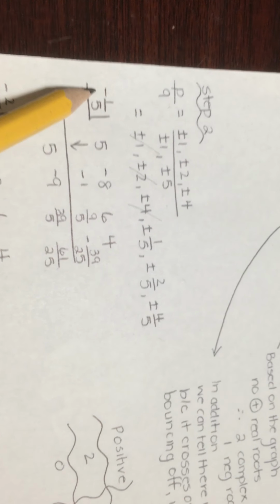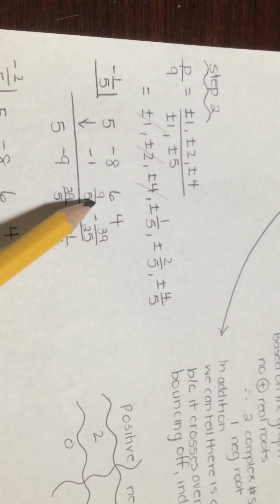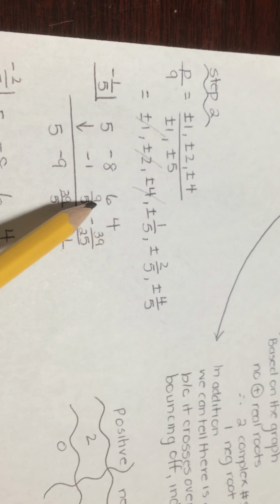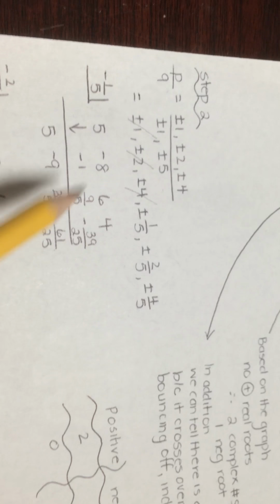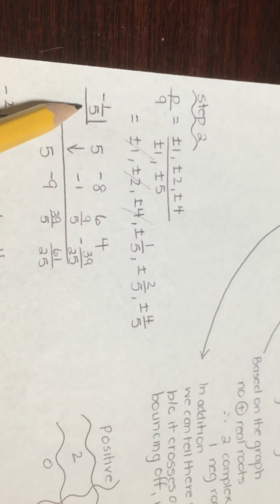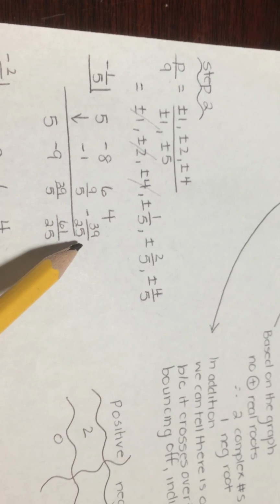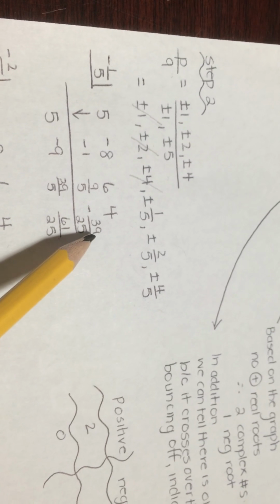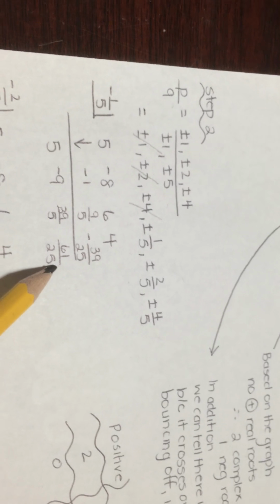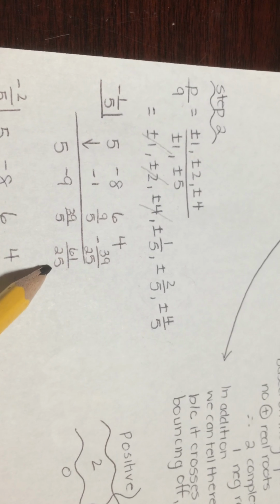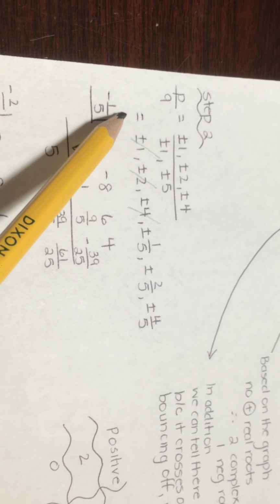Negative 9 times negative 1 over 5 is 9 over 5. 6 plus 9 over 5 is 39 over 5. And 39 over 5 times negative 1 over 5 is negative 39 over 25. And 4 plus negative 39 over 25 is 61 over 25. Since this gives us a remainder, this cannot be a rational root.